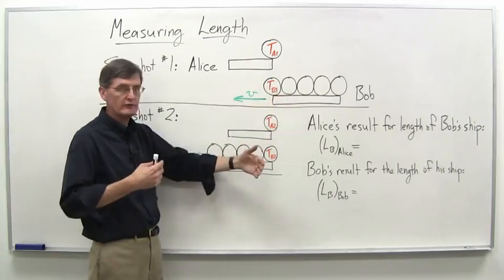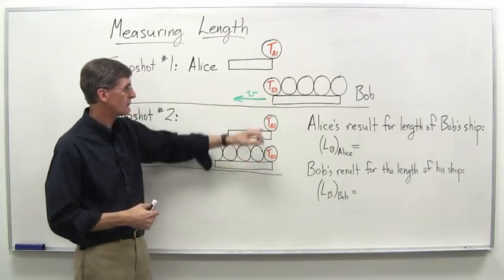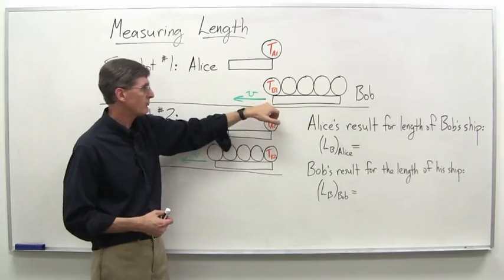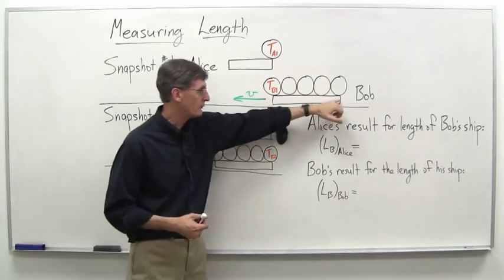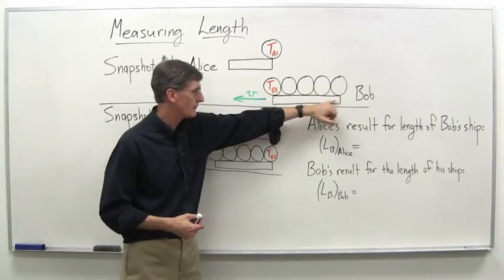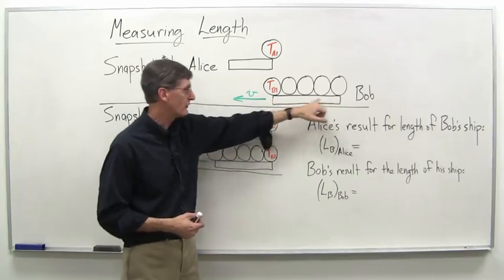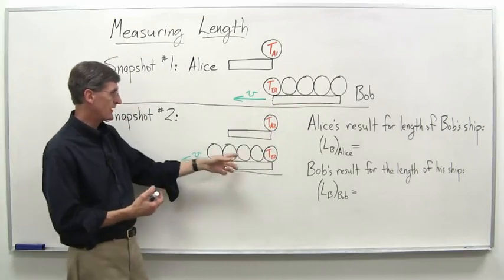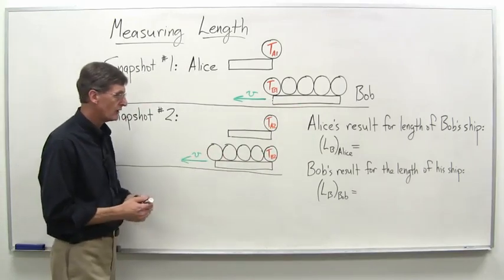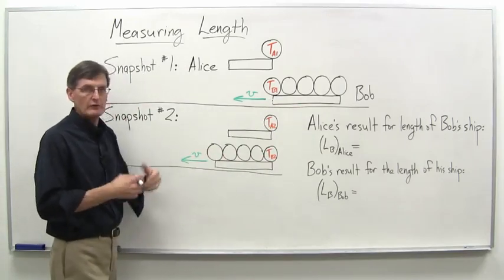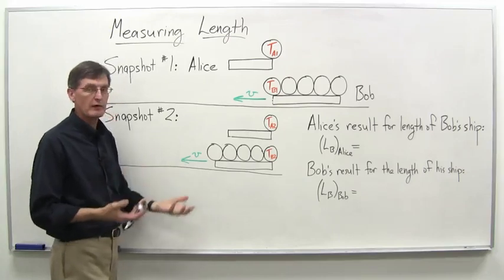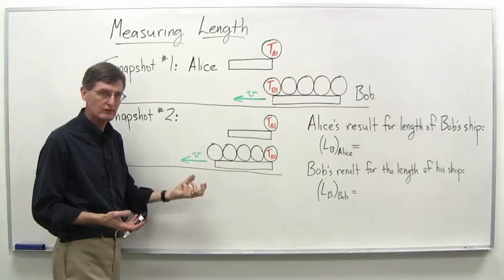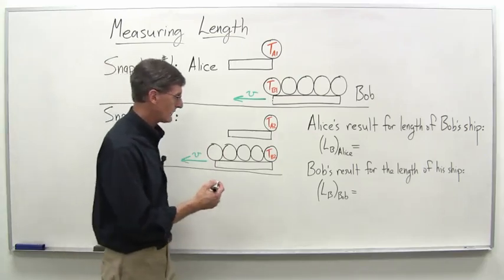He will travel a certain distance in that amount of time, represented by essentially the end of his ship coming to this point here. And so that will be the length of his ship: start the clock here, wait until you see the end of the ship go by, stop the clock as we did in our second snapshot, TA2. It's very simply the velocity of the ship multiplied by the elapsed time between seeing the front of the ship and the back end of the ship.